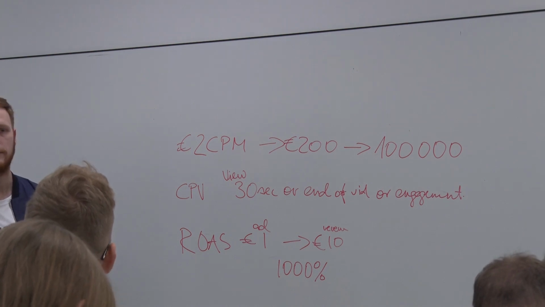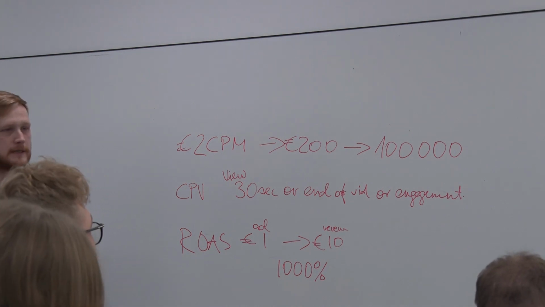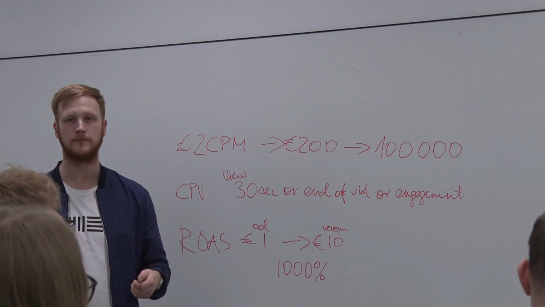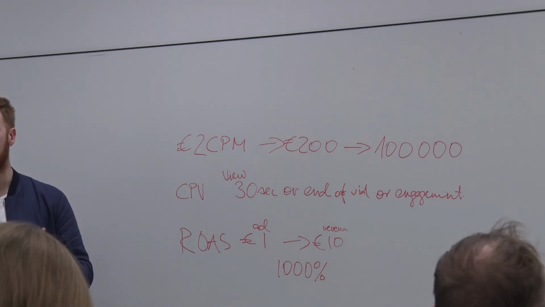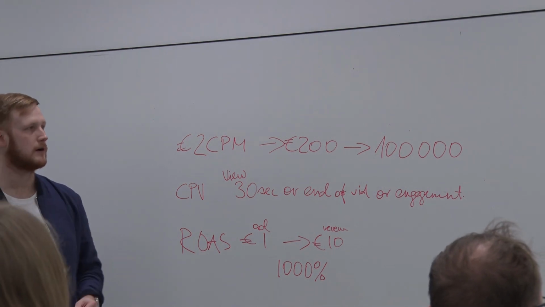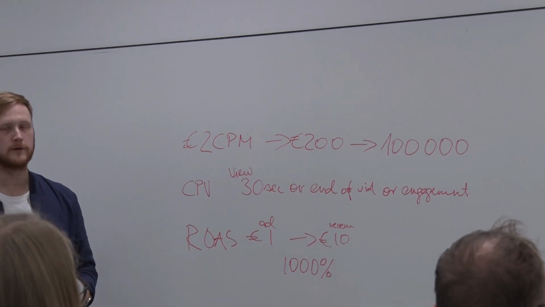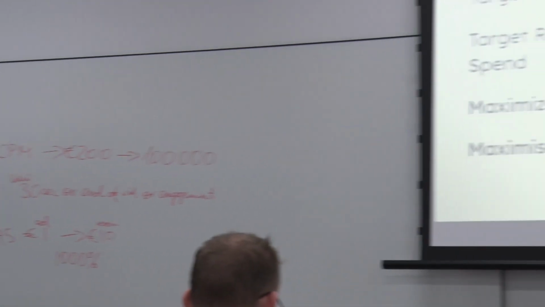So again, instead of manually changing the bids and trying to figure out how much you should be paying, you give a clear target to the ad system and let them do the work and figure out which people are worth bringing to the site to get the results.